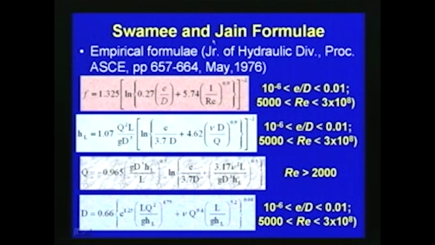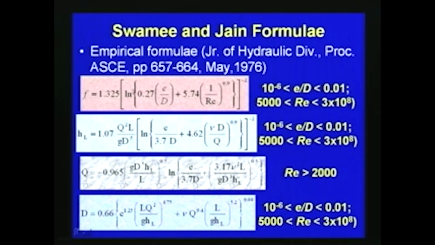These are empirical relationships derived by Swamee and Jain based upon a large number of experiments. Here they have shown that the friction factor F is equal to 1.325 natural log of 0.27 into E by D plus 5.74 into 1 by Re to the power 0.9, all to the power minus 2, as shown in this equation.